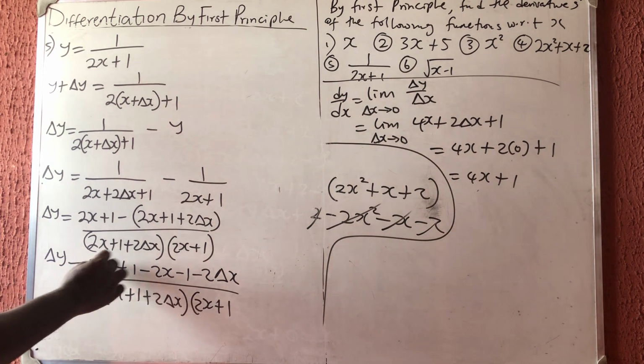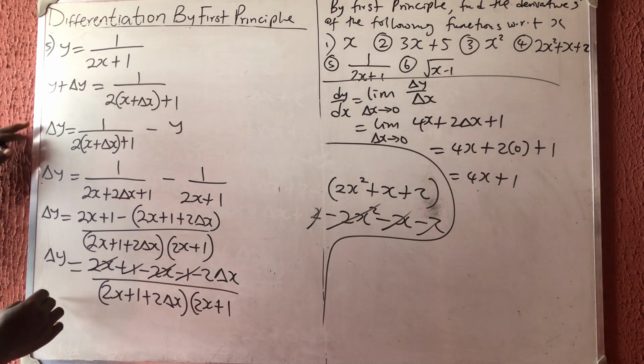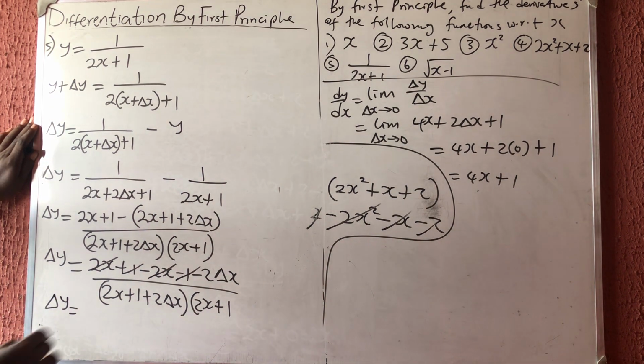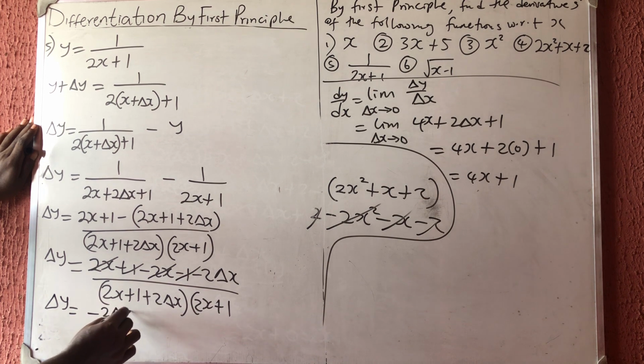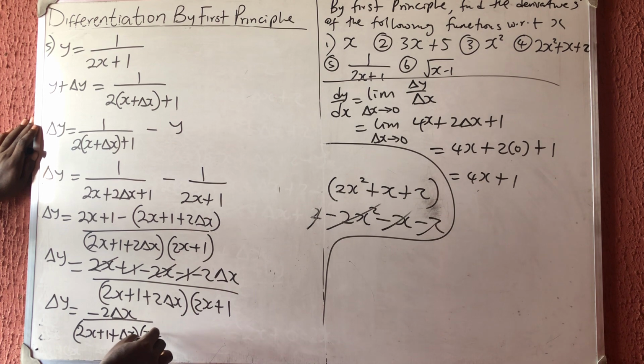Now, this we cancel, the 1 we cancel minus 1. So I am left with change in y is equal to what? Minus 2 change in x all over 2x plus 1 plus 2 change in x, then into 2x plus 1.